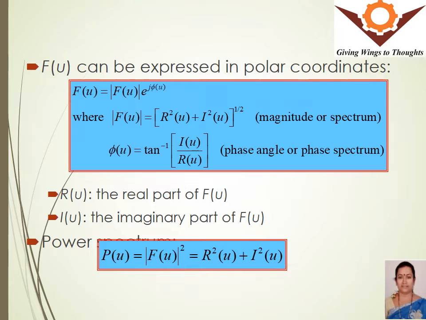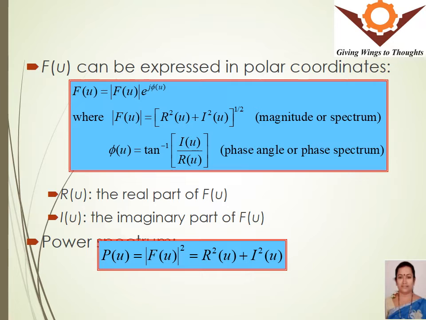Now f of u can be expressed in polar coordinates. F of u, the one-dimensional discrete Fourier transform of f of x, is equal to mod of f of u, the magnitude term, times exponential of j phi of u, where mod of f of u we call either the magnitude or frequency spectrum. Mod of f of u is equal to, in terms of the real and imaginary terms, square root of r square of u plus I square of u.